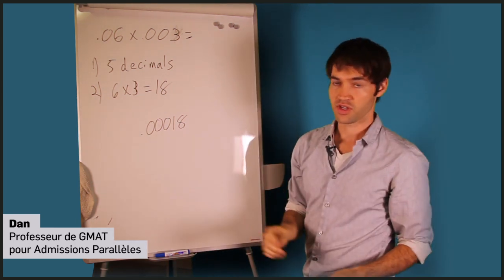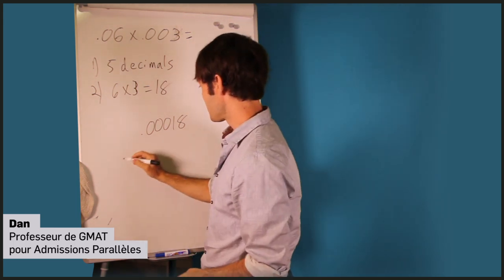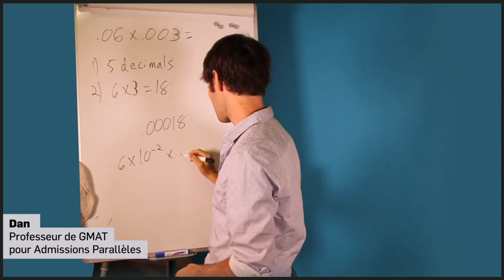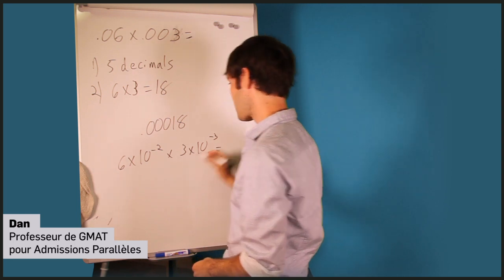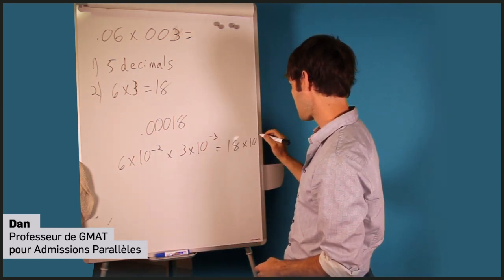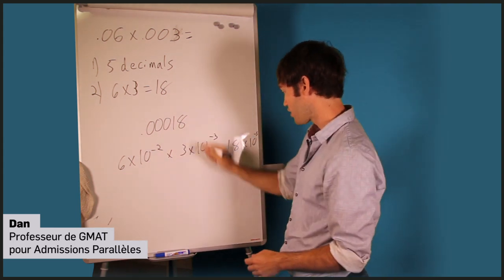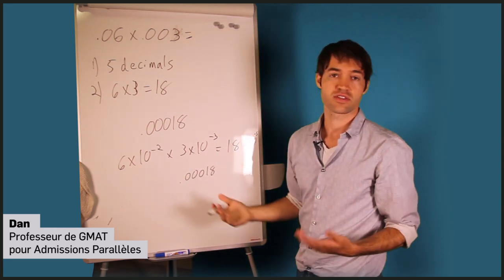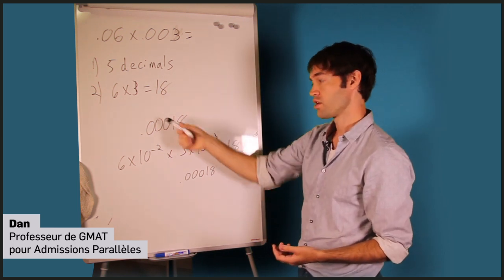Now, a lot of people do this as 6 times 10 to the negative 2 times 3 times 10 to the negative 3, and then they say, okay, that's 18, times 10 to the negative 5, and then they write it as 0.00018. So this gets us the same thing, but it's just not quite as fast as doing it this way.